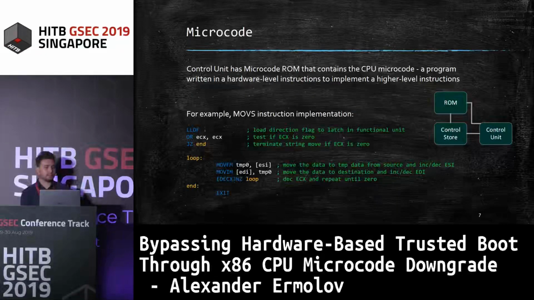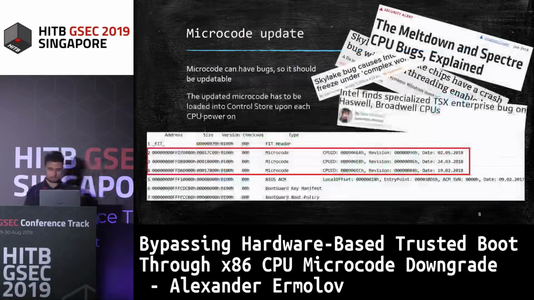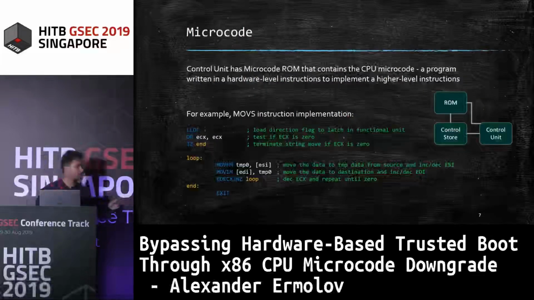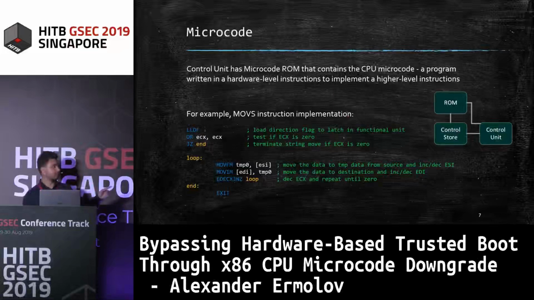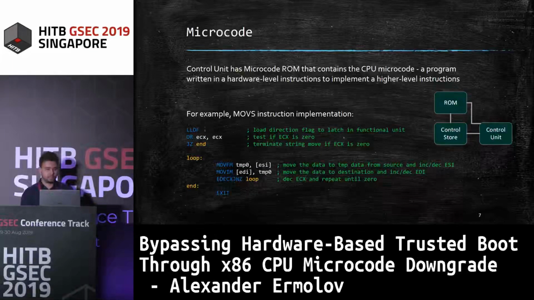It is not updatable, but to execute the microcode, it is loaded into some kind of SRAM, which is usually called the control store. As you can see, the microcode usually implements instructions like this one in a more basic language, in more basic instructions for the CPU.